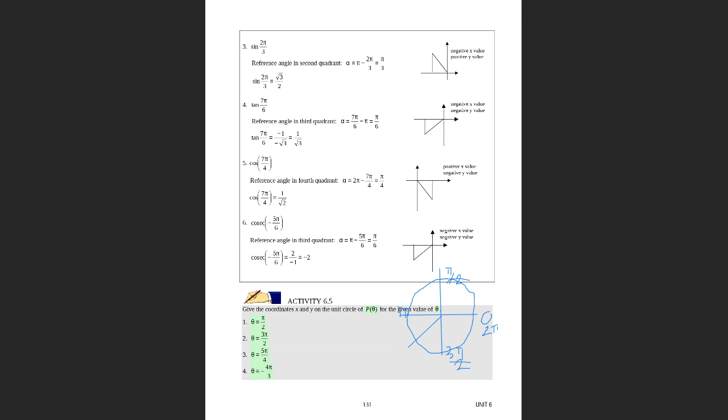So if you can check, now that means that our angle is going to be here. We are going to have here 5 pi over 4. Are there any questions there?